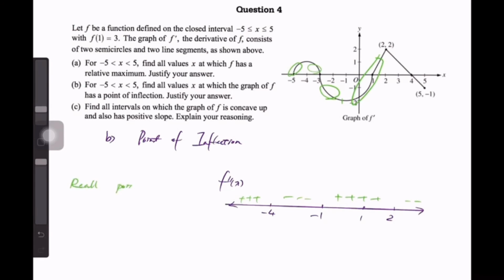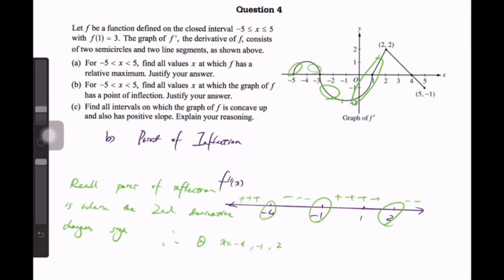Recall that the point of inflection is where the second derivative changes sign. By looking at the number line of the second derivative, we could easily find that the second derivative changes sign at x equals -4, -1, and 2. Therefore, at those values of x, the graph of f of x has a point of inflection.